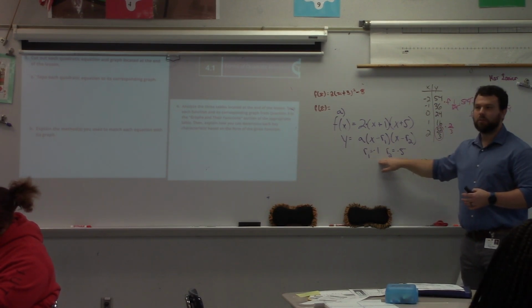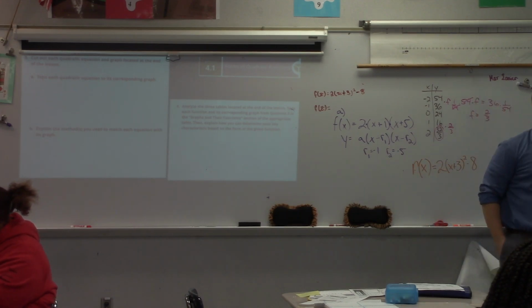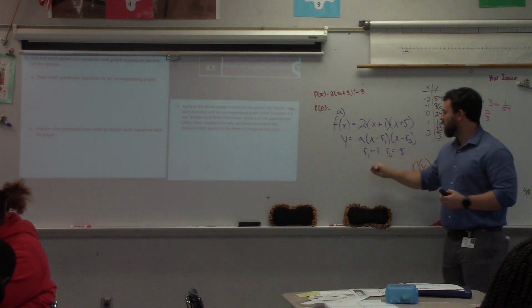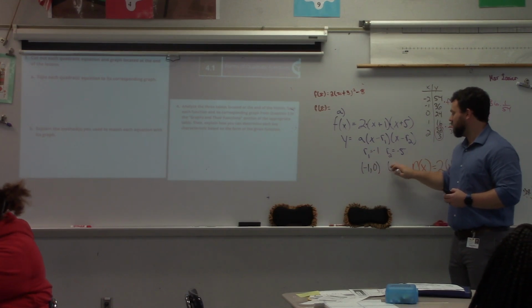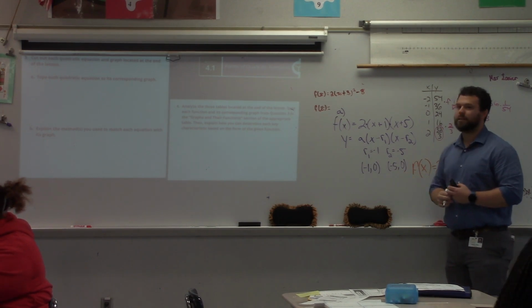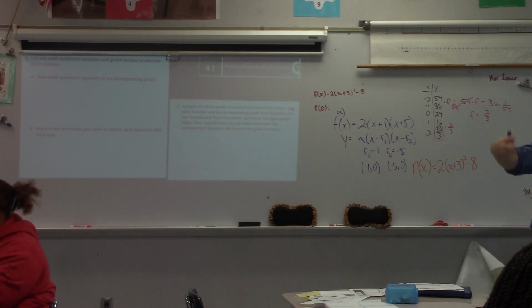What are these called? Those are called roots, which are parts of which points though? We need to be clear. X-intercepts, right? That y value is 0. So remember, roots tie into your x-intercepts.